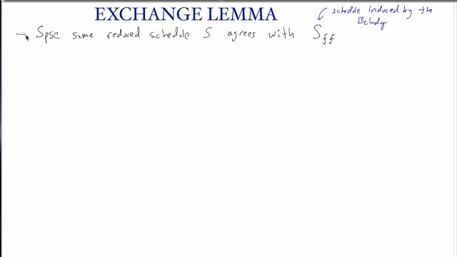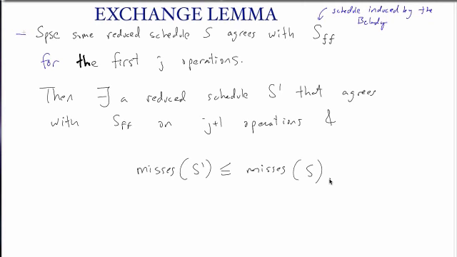So suppose some reduced schedule S agrees with S_FF for... this is what I said about this one being slightly more subtle. In the scheduling problem, the exchange rule was simple. The lemma that we proved was that the first to finish is always part of an optimal solution.